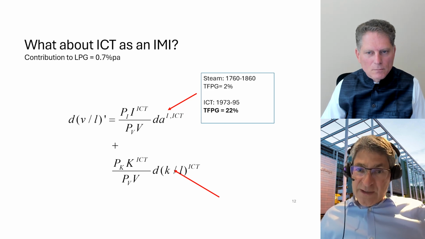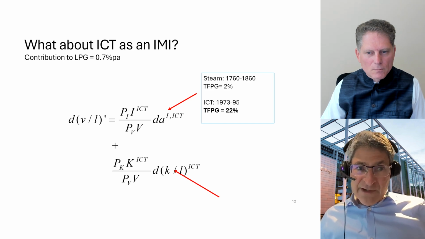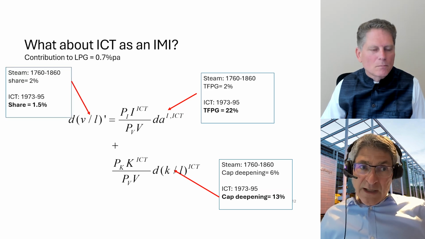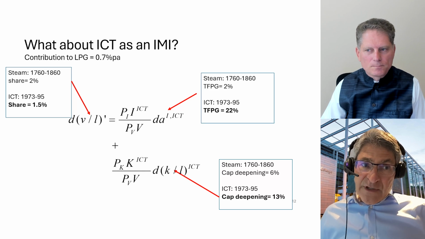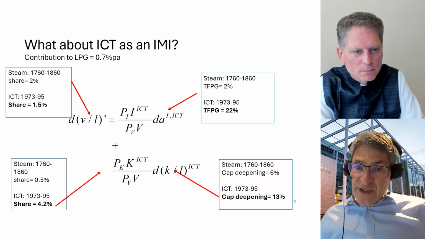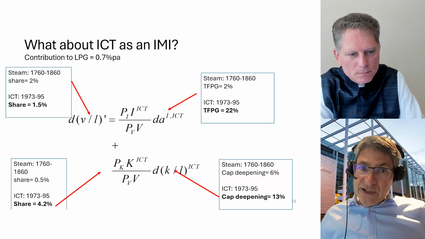So if you thought steam was a high TFP industry, ICT is really something driven by transistors and all of that. The capital deepening was much higher as well, and the shares were rather bigger. Interestingly, the share of production was not that much bigger, but the share of the use of ICT got to be bigger. And hence you had these much larger numbers than you had before.